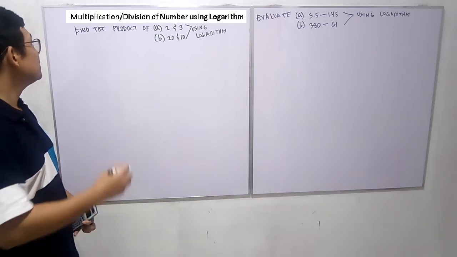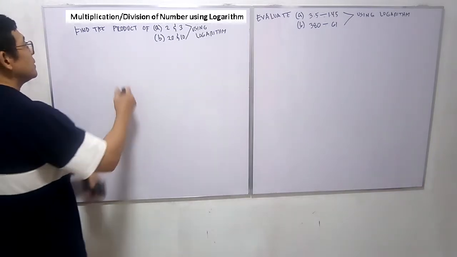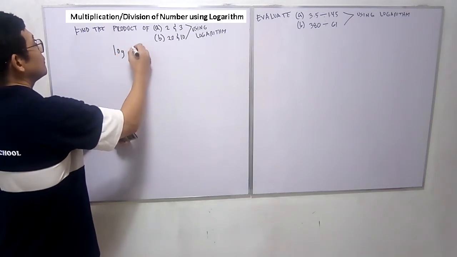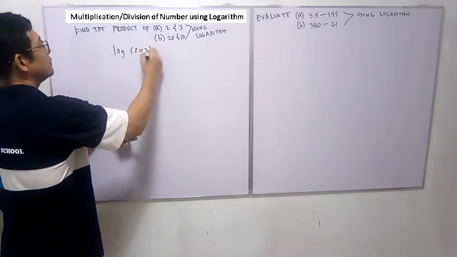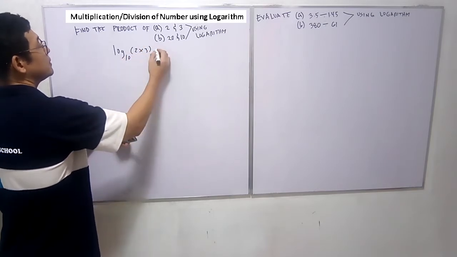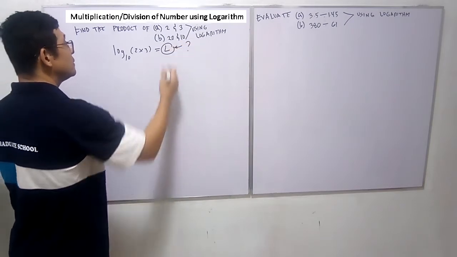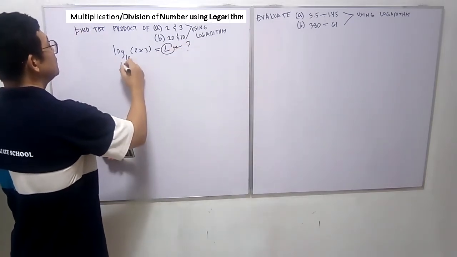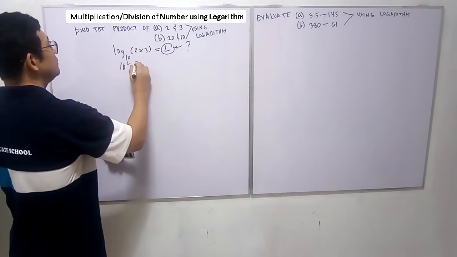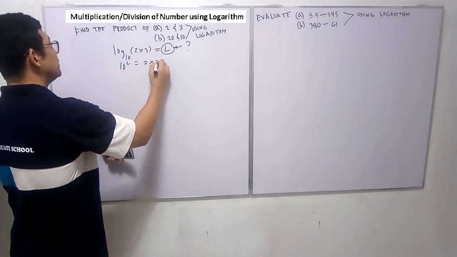So, halimbawa po, ito yung letter A ng multiplication. Mayroon po tayong log of 2 times 3 base 10 equals to L. Yun yung anti-logarithm, yung given mismo. Automatic, ito naman yung hahanapin, yung logarithm. Therefore, 10 to the L is equals to 2 times 3.